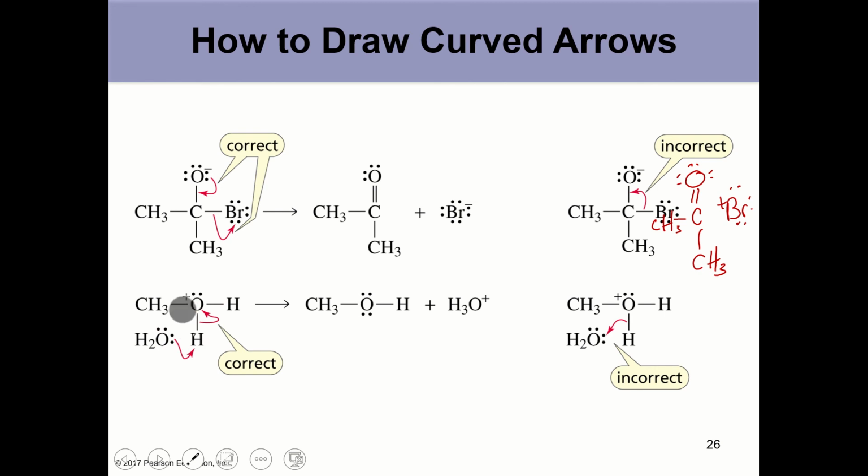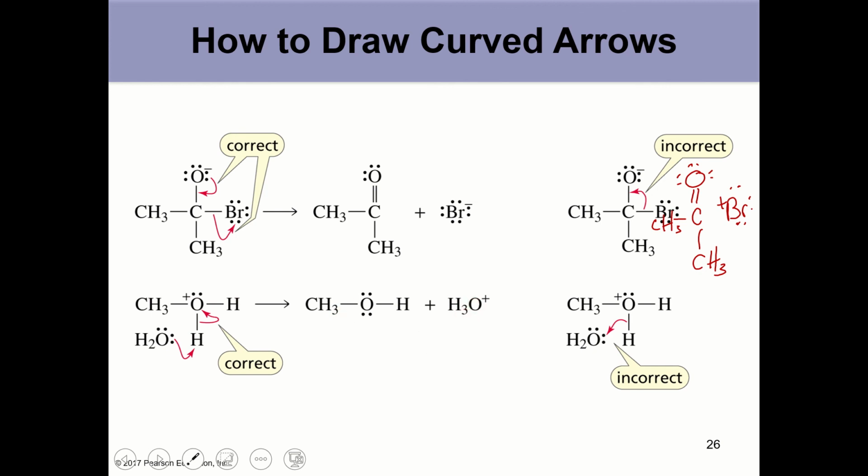This would give us the product CH3OH and H3O+. Water gained a bond to hydrogen, and CH3OH lost a bond to hydrogen, so that we have methanol and hydronium ion.